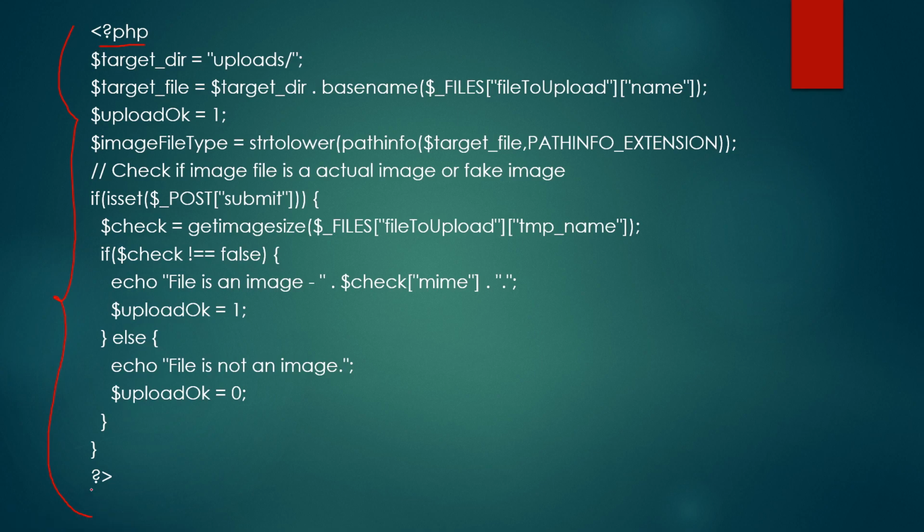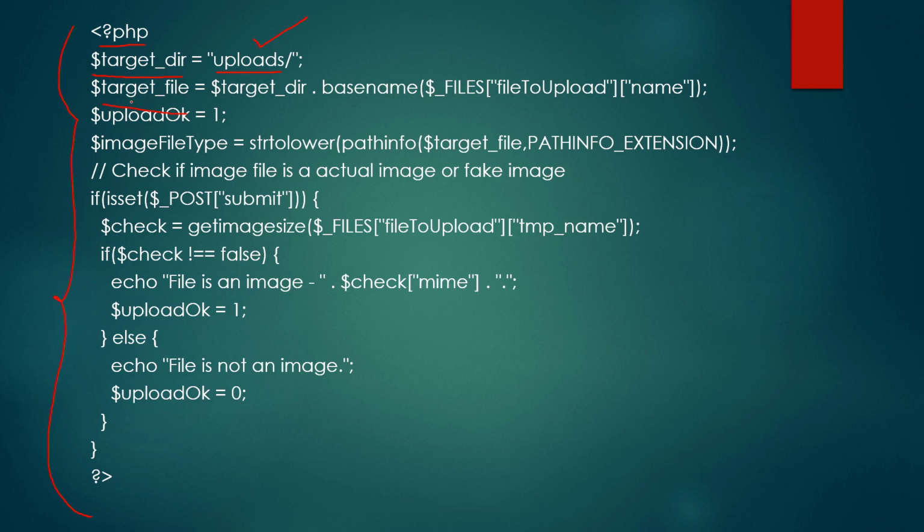We have PHP tags. Inside this, I have first created two variables. First is target_directory, which means I have made a directory called uploads. I will tell you where I have made this directory, but for now, just know that I have created a folder called uploads.